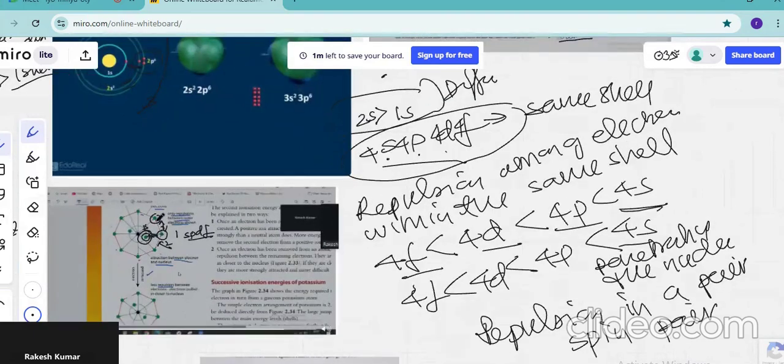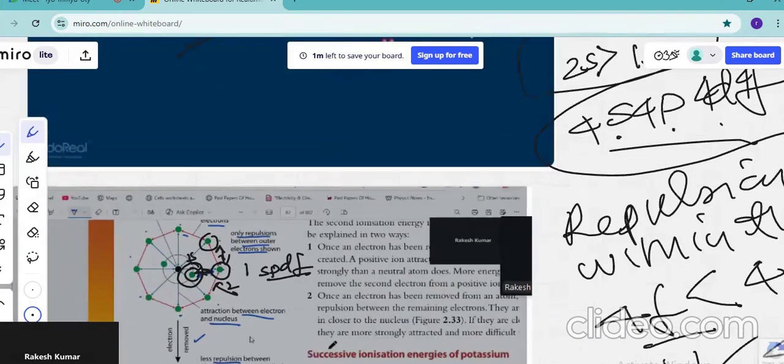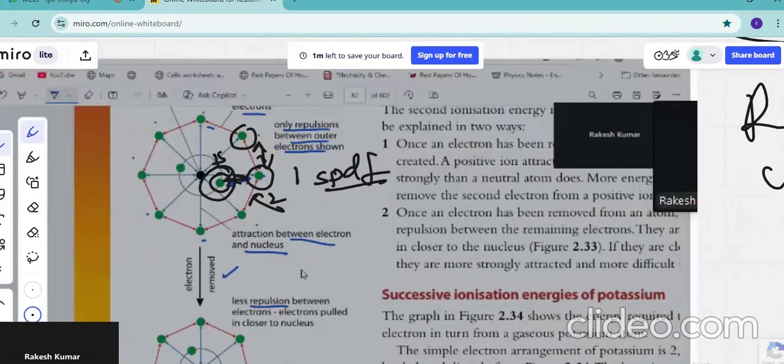If there are less electrons, let's say there are about 12 protons and 10 electrons, they will attract more. Because there are less electrons in the same shell, there will be less repulsion between the electrons, and they will be pulled closer. So this repulsion is important even for ionic radius.